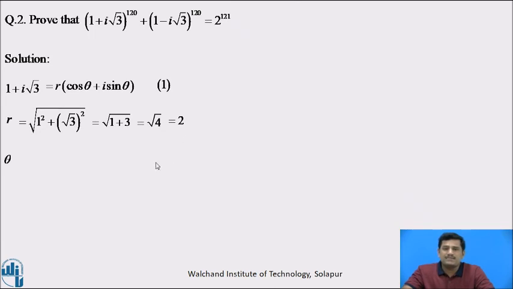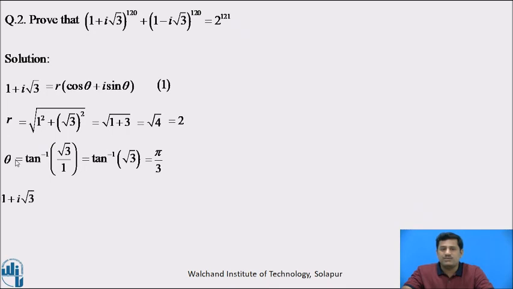And theta is tan inverse of imaginary part upon real part, that is root 3 by 1, which is tan inverse of root 3, and we know that tan inverse of root 3 is pi by 3. Substituting the values of r and theta in the above equation number 1, we get the polar form of 1 plus i root 3 as this one.